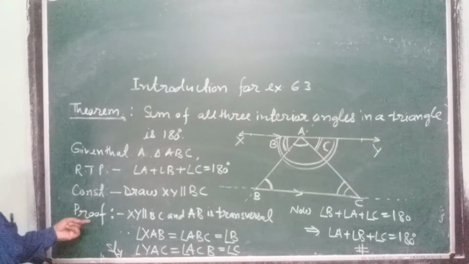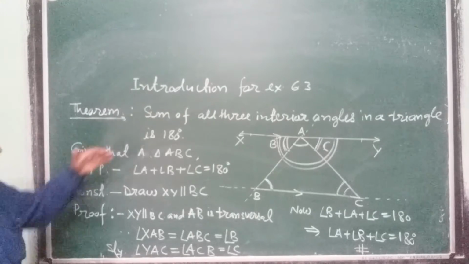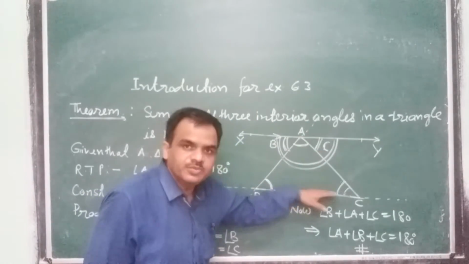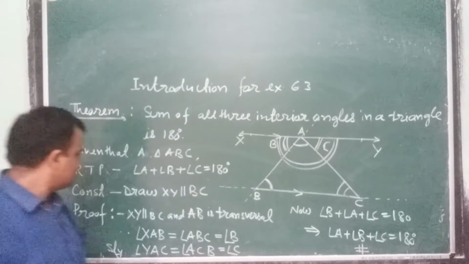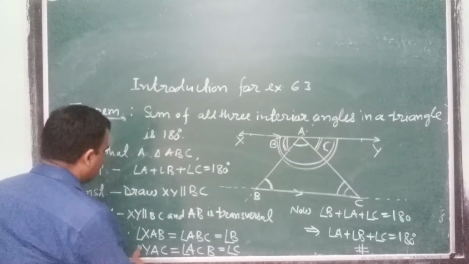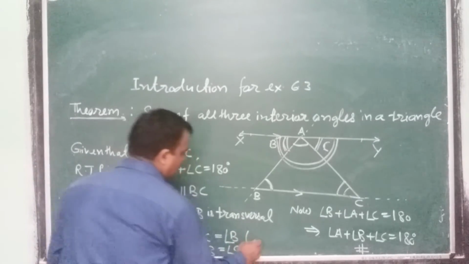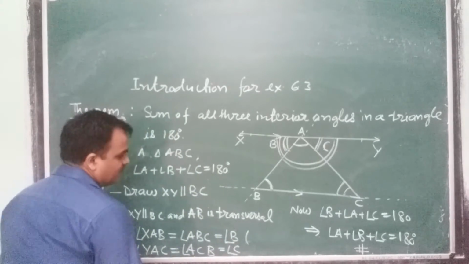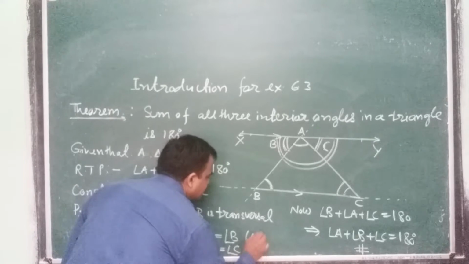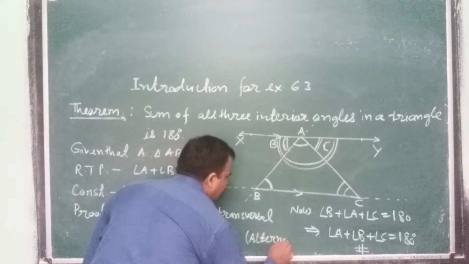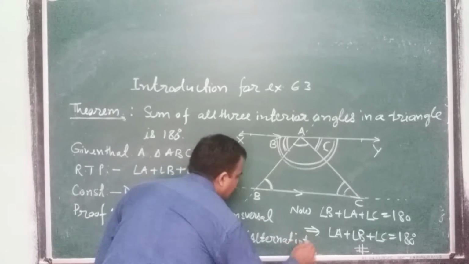Okay. Now proof. This XY is parallel to BC. AB is the transversal. Then you can say XAB equals angle ABC. If it is not very clear, you may make it clear that alternate interior angles.